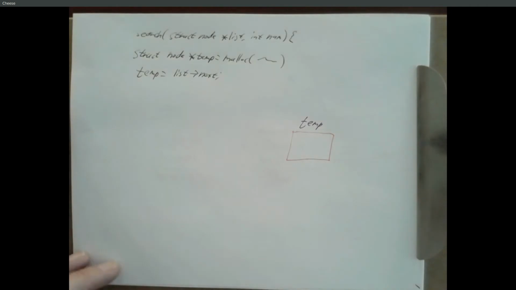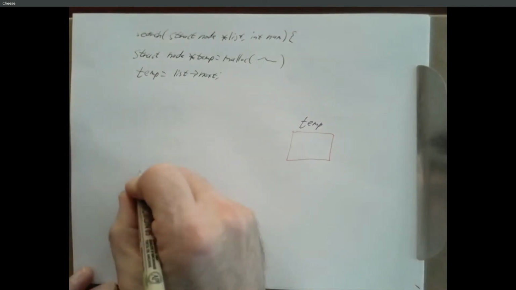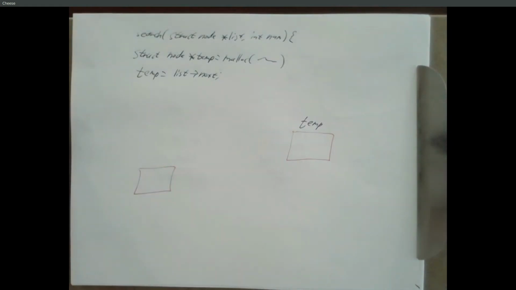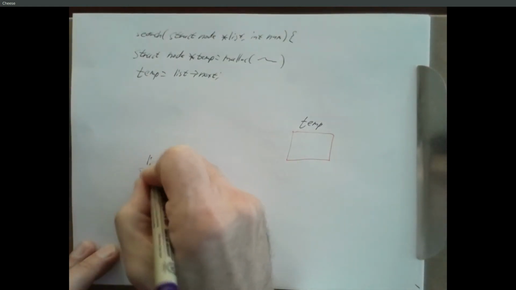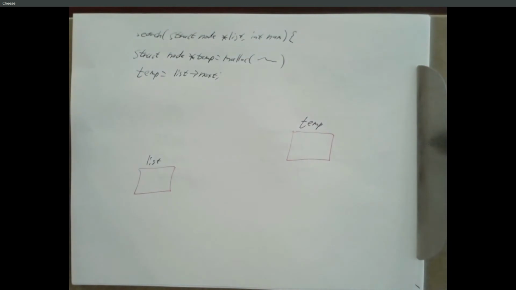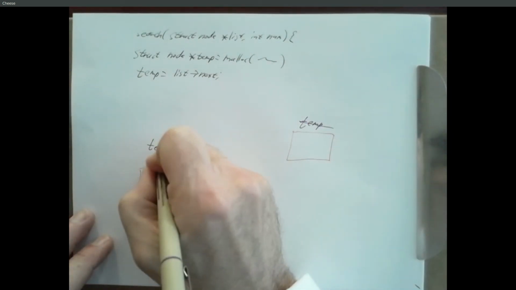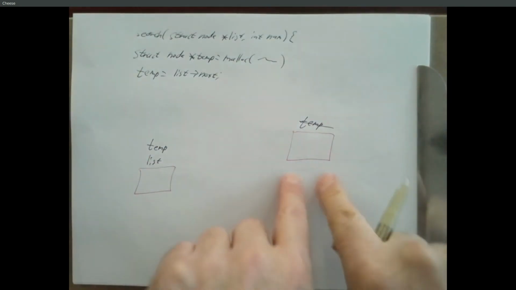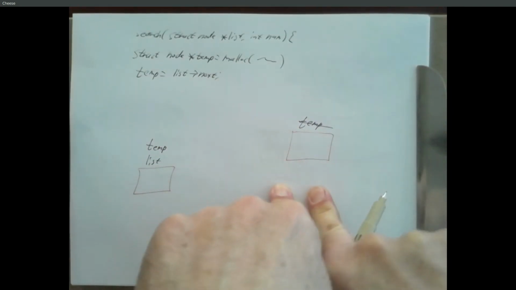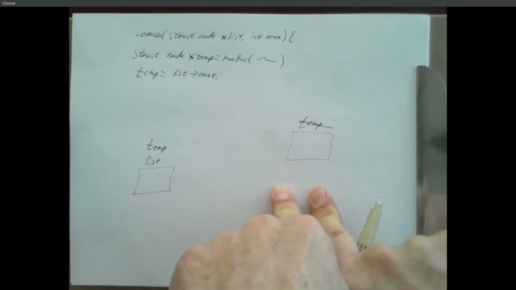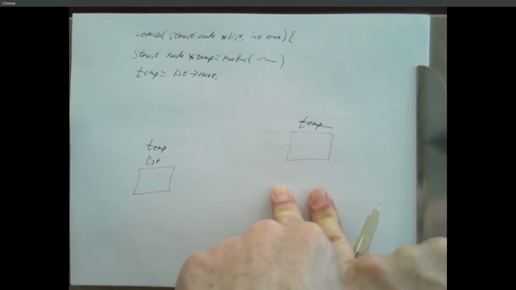And list is coming in, so list is another rectangle that already exists. That's what our function was passed. And when I say temp equals list arrow next, what I'm saying is temp is the name of this rectangle, and this rectangle has been abandoned now. Right? There's nothing pointing to it, there's no way to free it, it's going to be a memory leak.